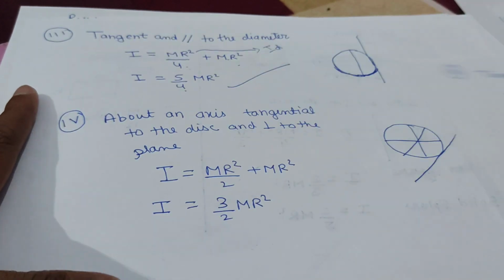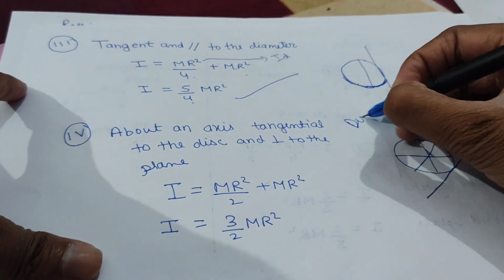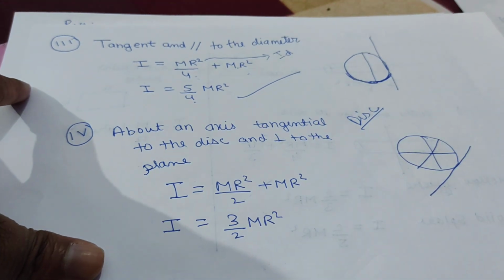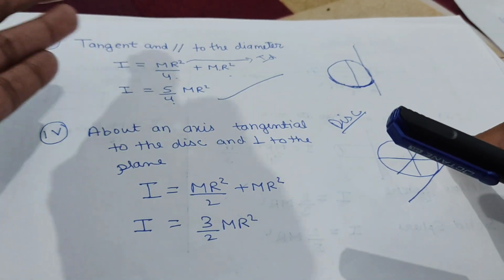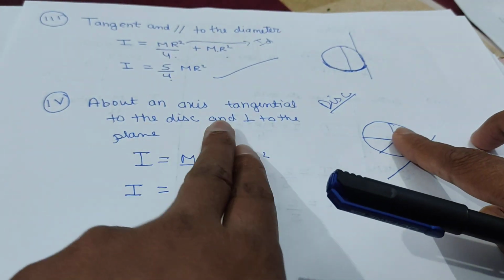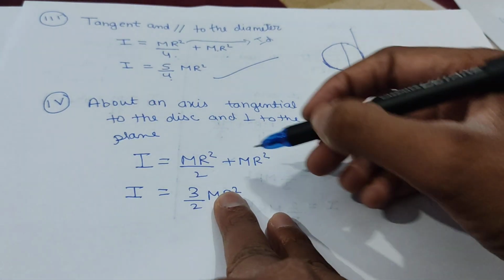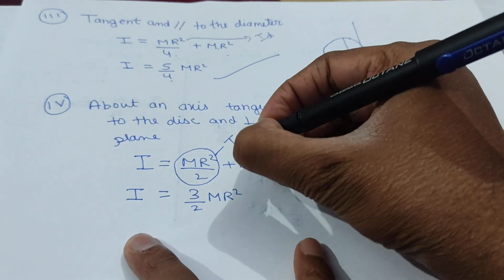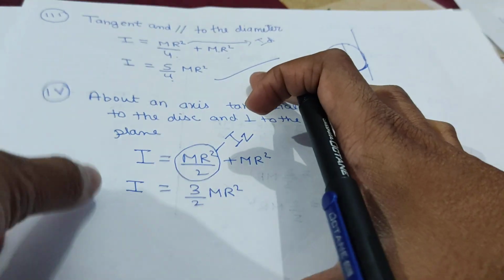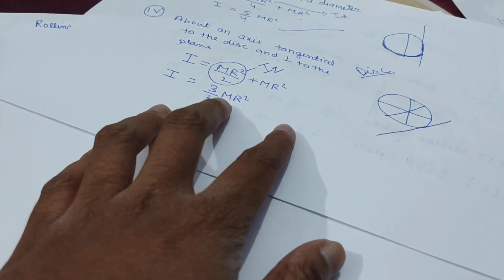But now we are dealing with the disc. It was a mistake, so I corrected it. For an axis tangential to the disc and perpendicular to the plane, this would be the Iz.